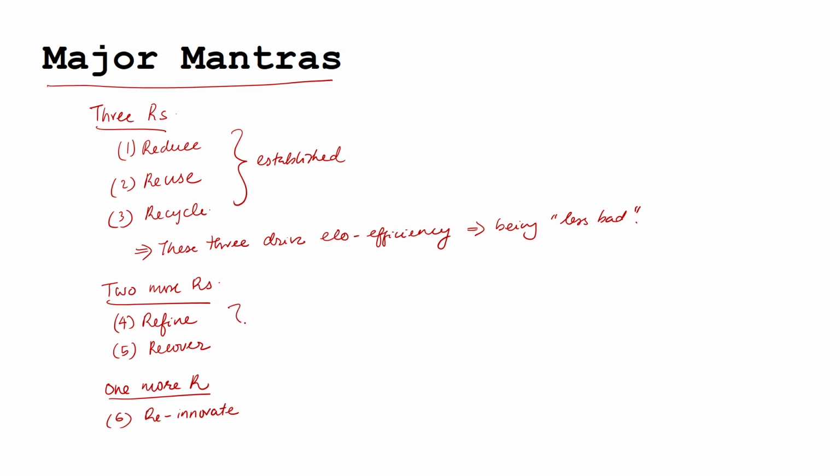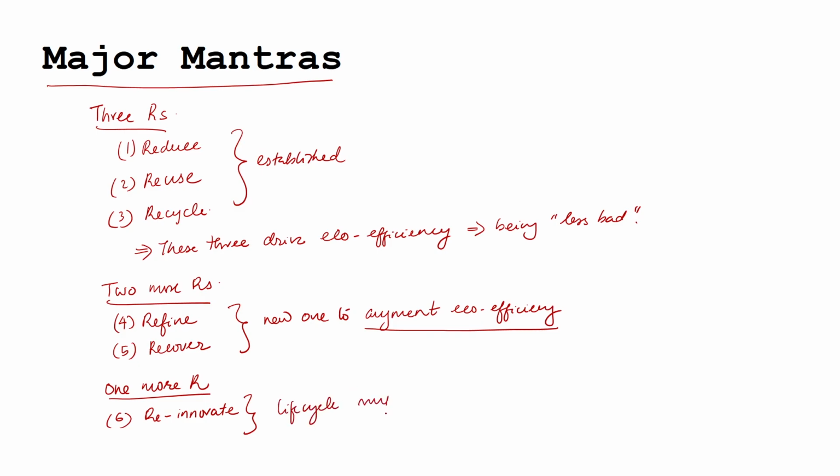These refine and recover are the new ones to augment eco-efficiency. Typically, sometimes people call it ensuring the circular economy. That's part of that. Re-innovate is the life cycle improvement. Any aspect of the life cycle, whether it is design, development, prototyping, testing, etc., you can innovate and continue to innovate to achieve something like this.